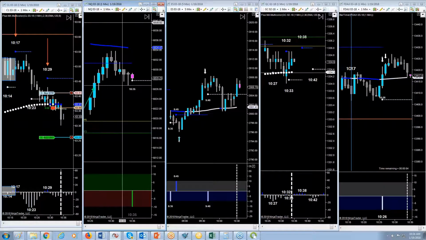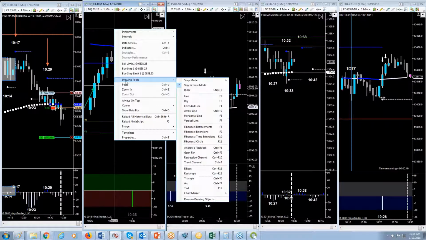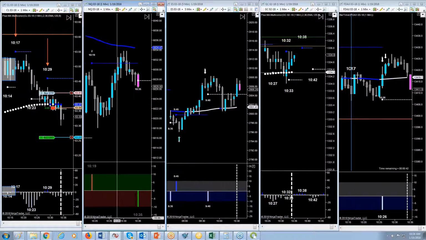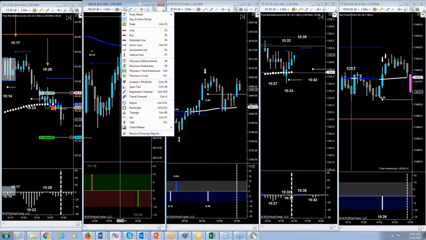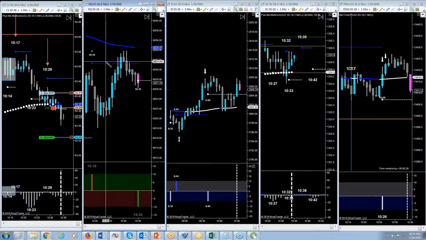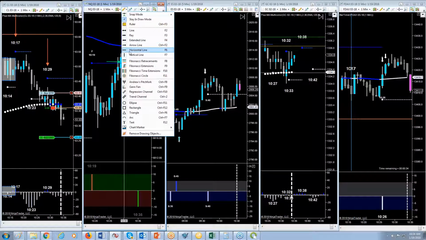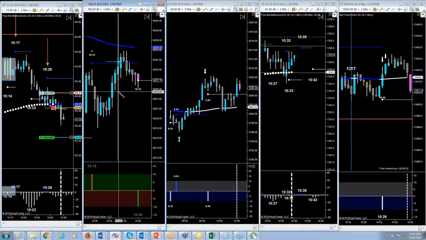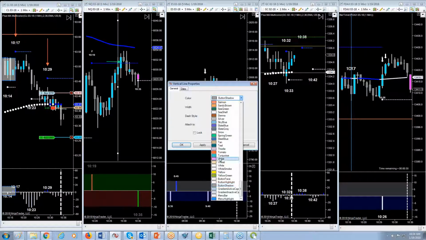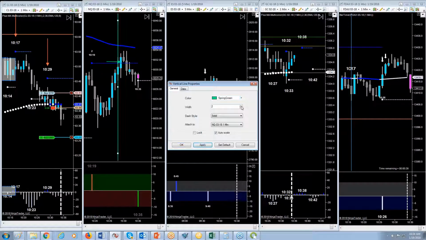10:33 is my next, 10:35 is my next signal on the NQ. We'll see what happens when we get there. This blue line was punctured right here, Dana. So as of right now, guys, I can say that the trend in terms of time has reversed.